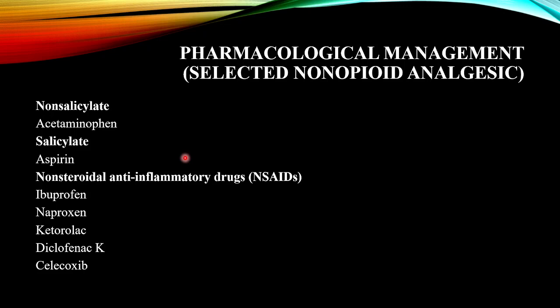Non-salicylate: acetaminophen. Salicylate: aspirin. Non-steroidal anti-inflammatory drugs are ibuprofen, naproxen, ketorolac, diclofenac potassium and celecoxib. So, what happens with non-opioid analgesics?